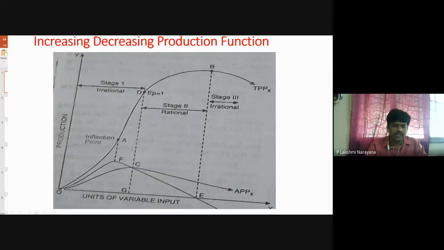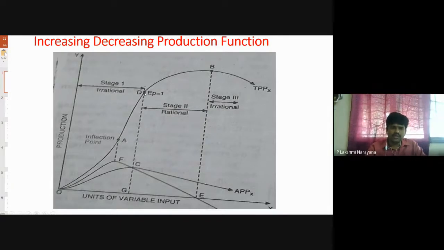Now we take marginal product. Marginal product also first increases, later on decreases, and after that it can be negative also. Where the total product's increasing trend stops, what is that point D?